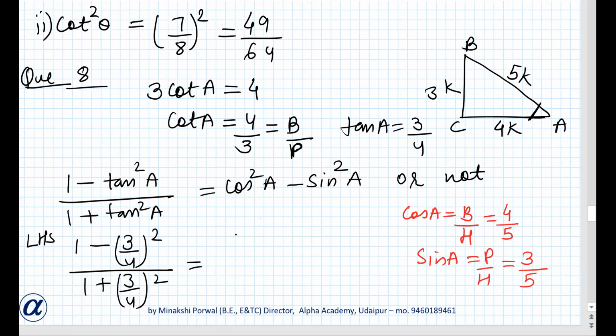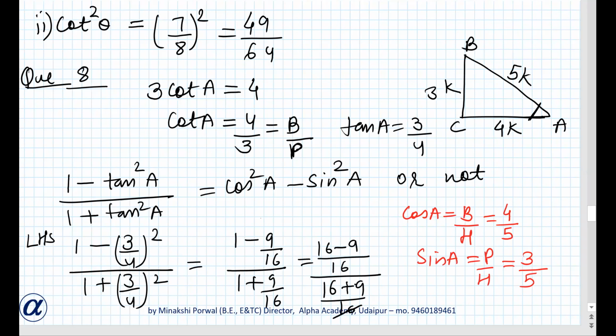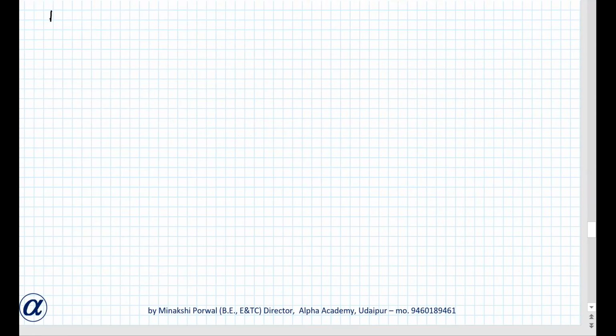So this is 1 minus 9 by 16 upon 1 plus 9 by 16, that is equal to 16 minus 9 upon 16 upon 16 plus 9 upon 16. 16 and 16 cancel, 16 minus 9 is 7, and this is 25. Now RHS: cos square A minus sin square A. Cos square A is 4 by 5 the whole square.